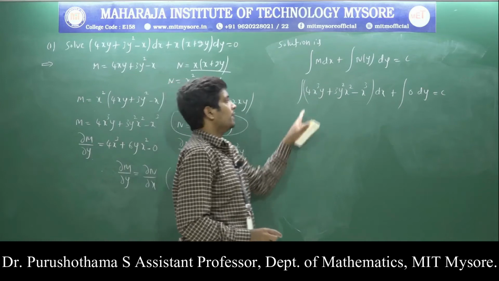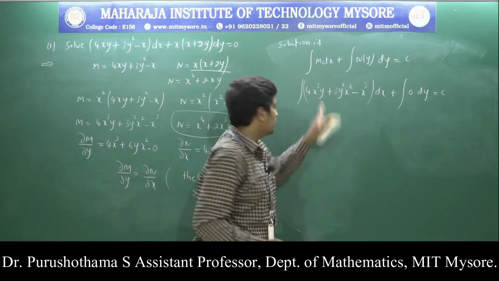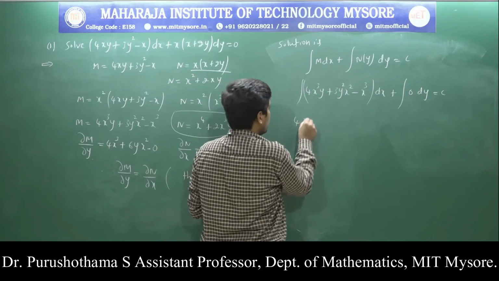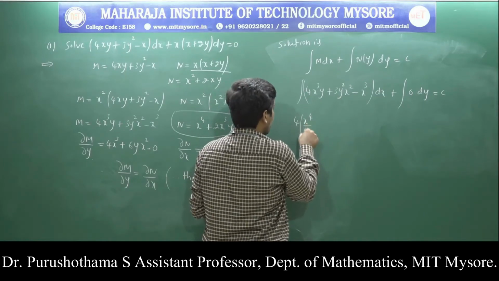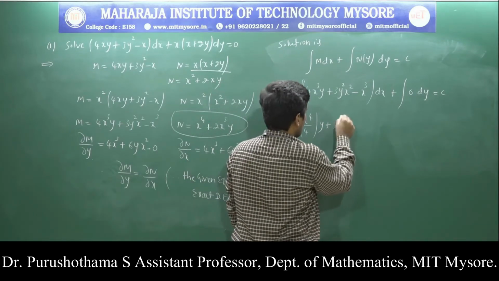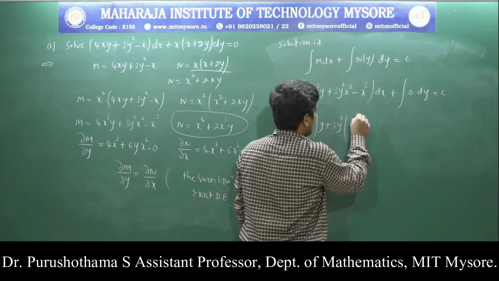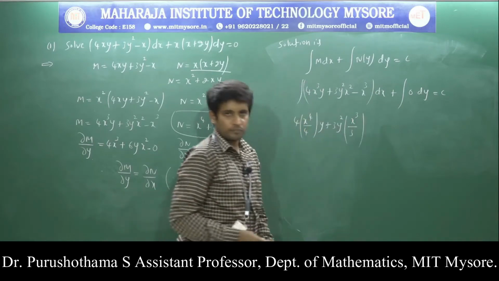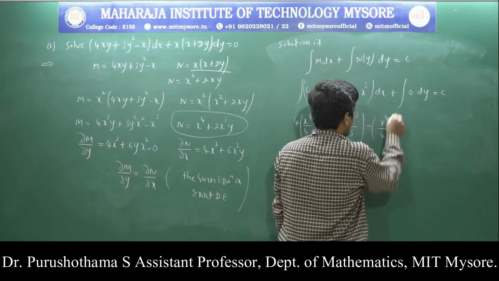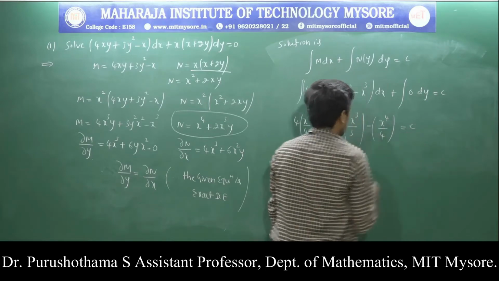Now find the integral value of the first one. The integral of 4x cubed is x to the power 4 by 4 times 4, into y, plus 3y squared as a constant times the integral of x squared, which is x cubed by 3, minus the integral of x cubed, which is x to the power 4 by 4, is equal to c.